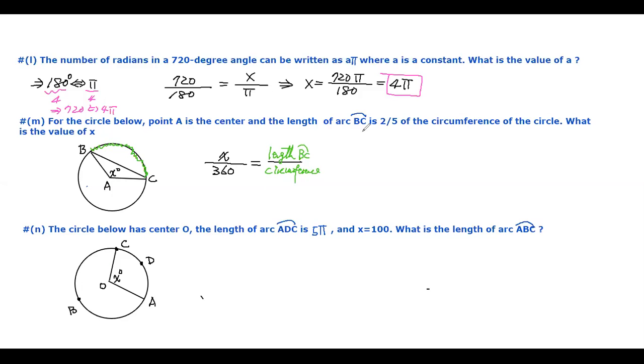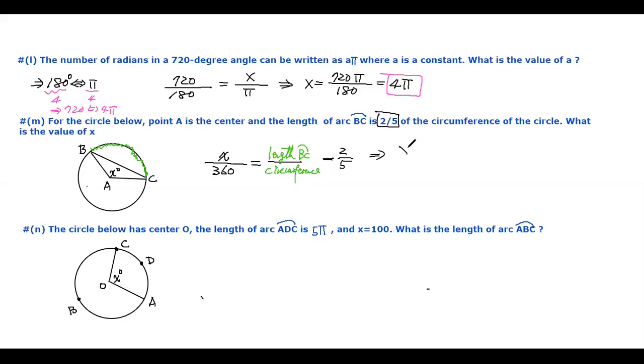And the problem tells us the whole thing is equal to what? This is 2/5. So it says the arc BC is 2/5 of the circumference.